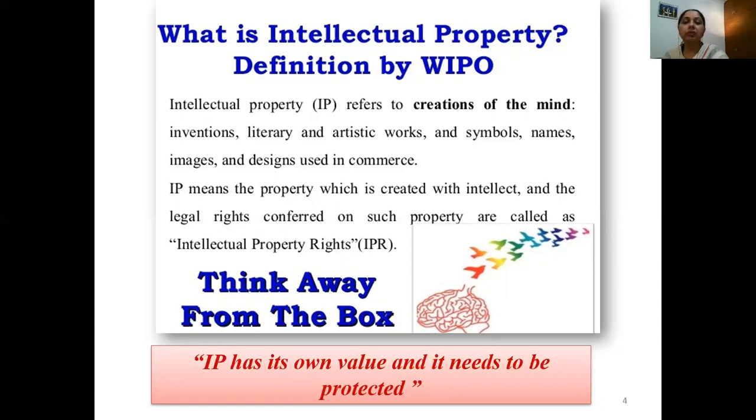IP means a property which is created out of a person's intellect, and the legal rights conferred on such property are called IPR. The legal rights conferred on such property which comes out of one's own mind, which is intangible, are called IPR. And IPR is actually a result of out of the box thinking. Think away from the normal.